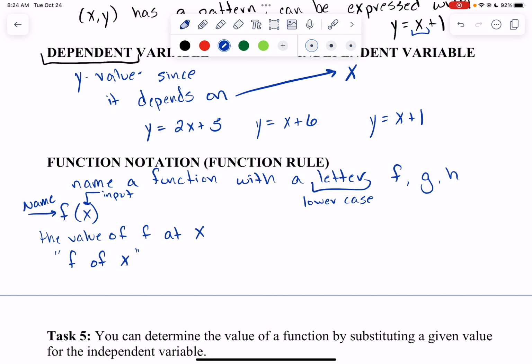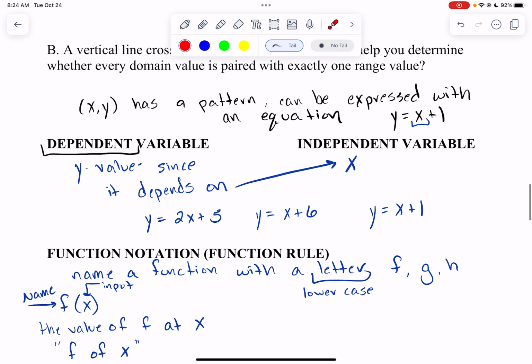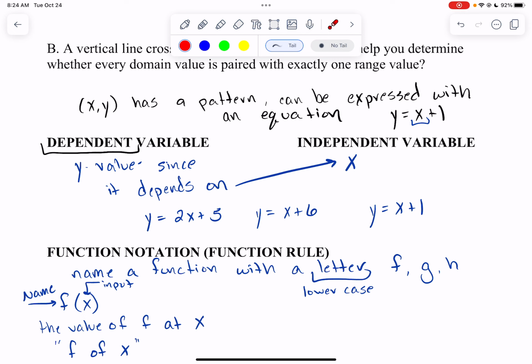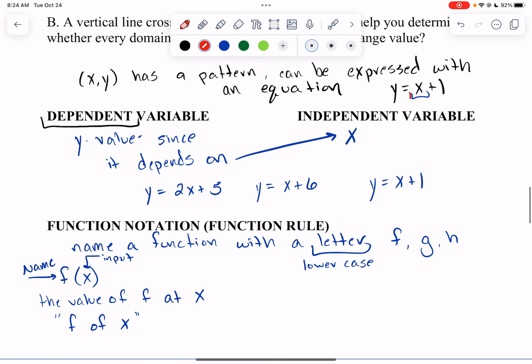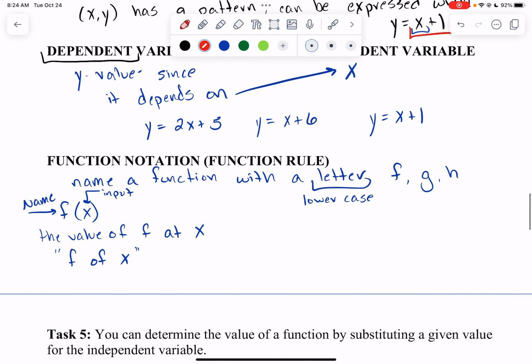So here, when we were talking about this function, this is my function rule. The function rule would be the x plus 1. It's telling me what to do to my x.